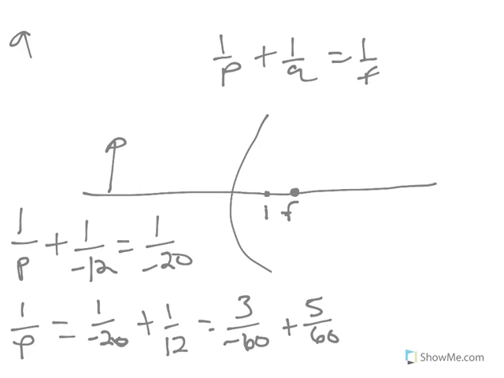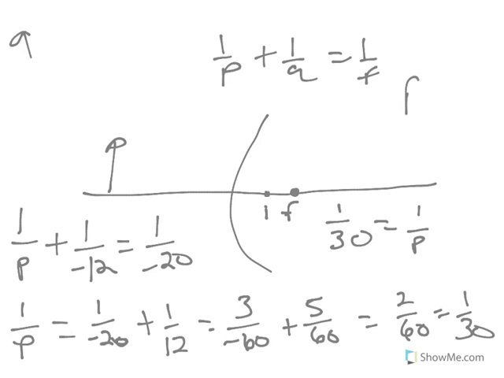And that would give me, let's see, negative 3 plus 5 is 2 60ths, or 1 30th. And if I did that, I would know 1 30th equals 1 over P. And then that would mean that P, the object distance, is 30 centimeters. And it came out positive, so obviously the object's over here.